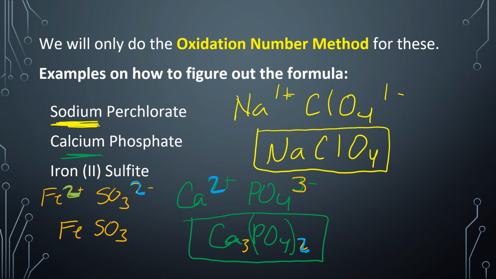I'm crisscrossing 2's actually. So luckily for us, we have the same thing, meaning that the formula is just FeSO3 because the 2 oxidation numbers are both 2. So lucky us.